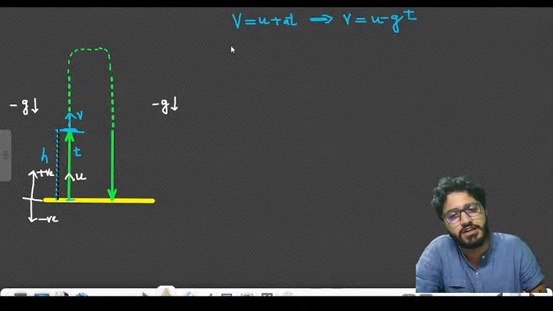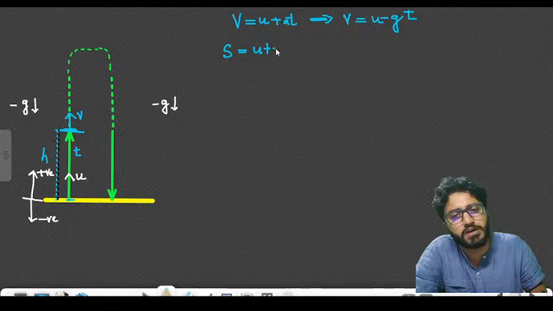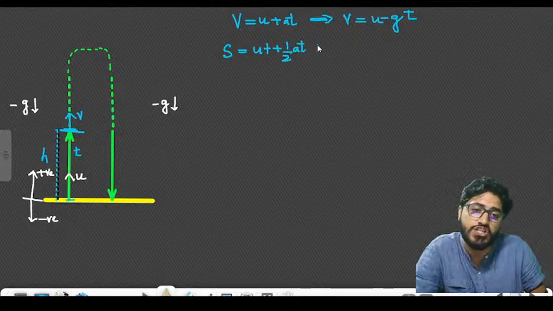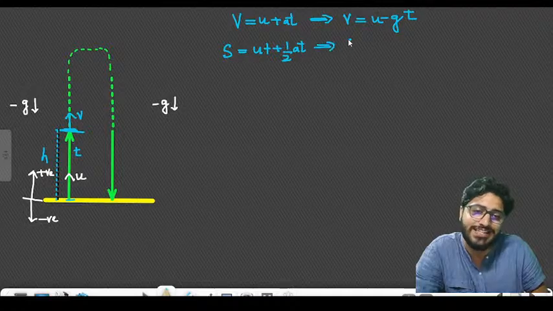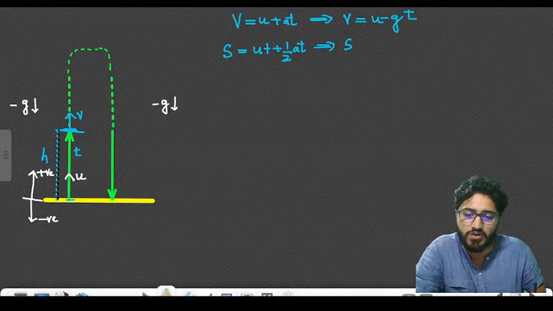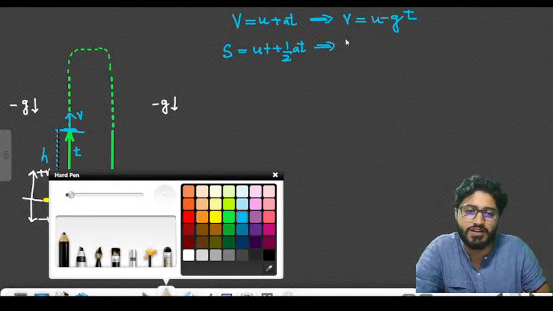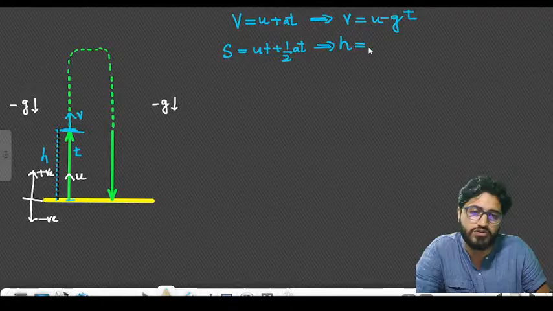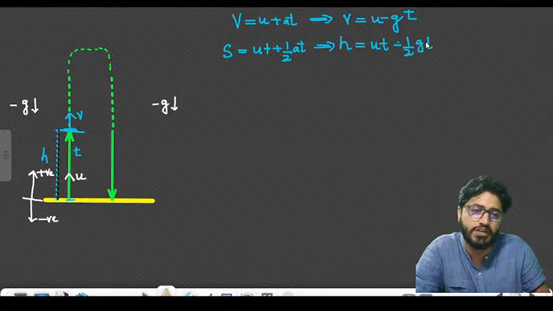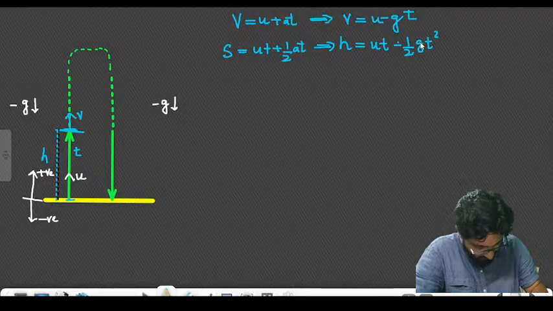In the same way, s equals ut plus 1/2 at square. Here s is as it is, or you can write h. So I will write h equals ut, with u positive, minus 1/2 g t square. Done.